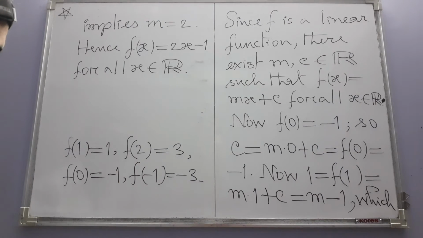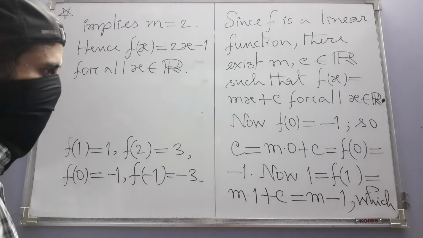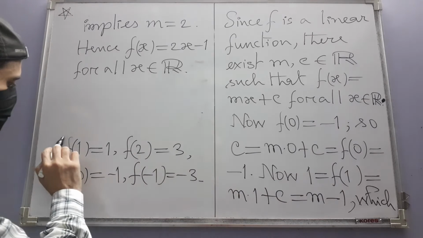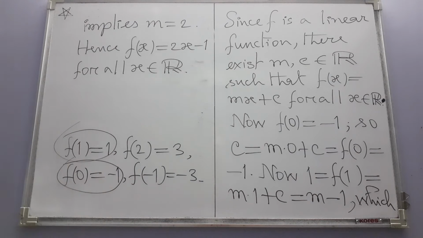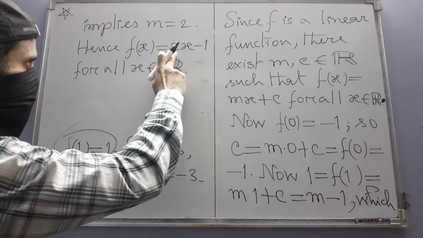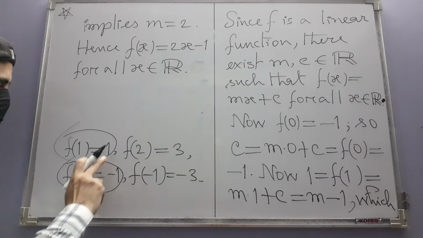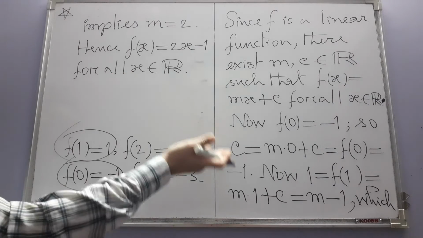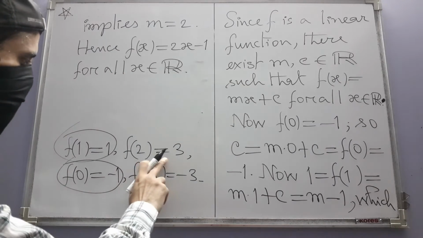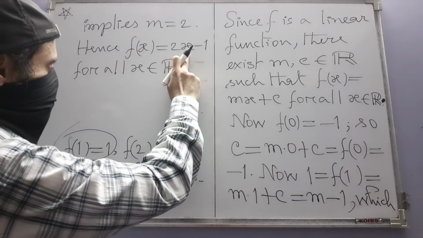Among these 4 equations, which are the ones that we used? We have used 1 equal to f of 1. We have used this, and we have also used this. So, there is nothing surprising that if you put in place of x 1 and 0, you are going to get 1 and minus 1 respectively, because these equations have been used to find m and c. But what about this? Say you put x equal to 2.